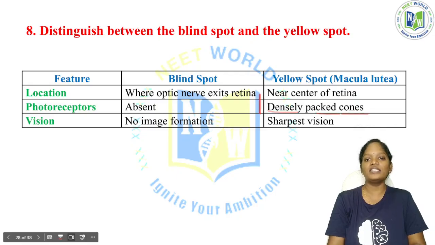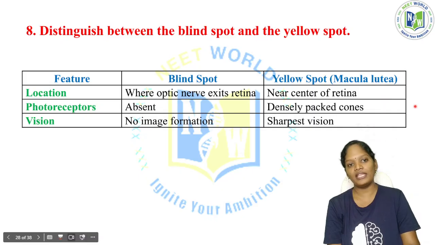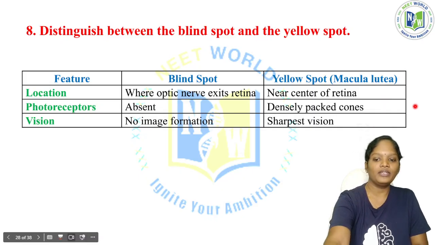In the blind spot, there is no image formation, so we call that spot the blind spot. And there is the sharpest vision in the yellow spot, that is the macula lutea. This is the difference between the blind spot and the yellow spot.